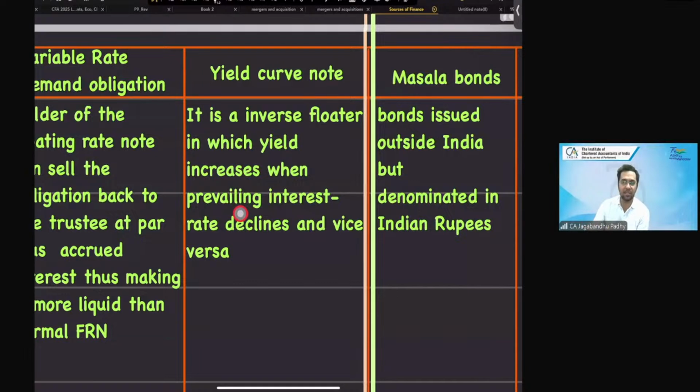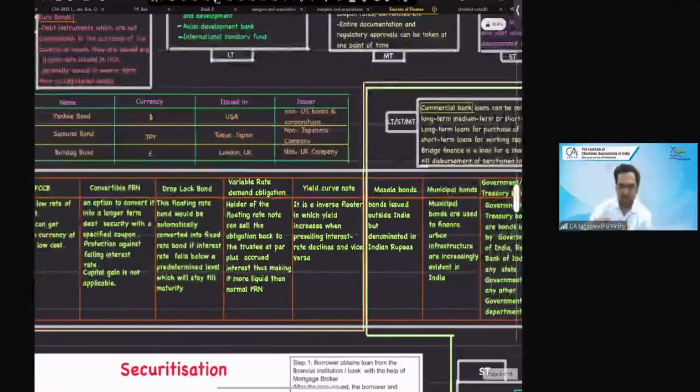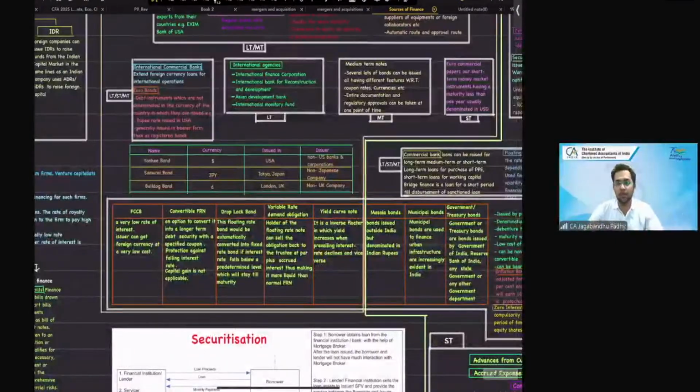So it's like an inverse thing. If the rate of interest in the market is rising, one who is holding this yield curve note will have a lower rate of interest. It's the inverse position. Okay, so with the yield curve note, as the market rate of interest rises, the rate of interest on these bonds falls.